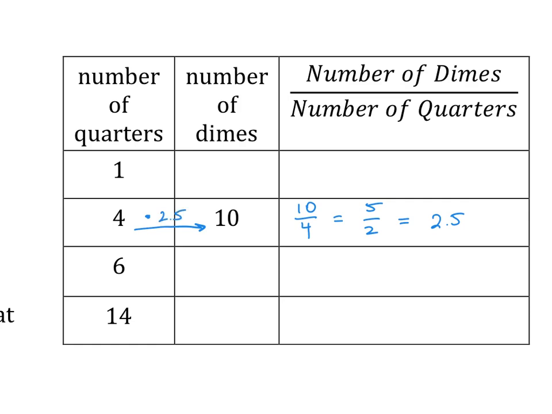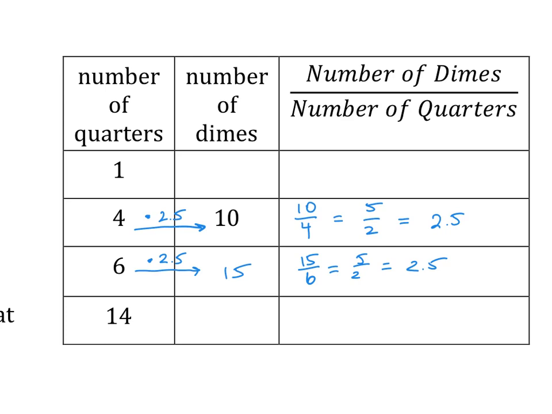Now to answer the first question, it wants to know how many dimes are equal to 6 quarters. So I'm going to use that same constant of proportionality and apply it to the next row. I'm going to take 6 and multiply by 2.5. So 6 times 2.5 is 15. If I set up that ratio, I have 15 over 6, and if I simplify by dividing by 3 over 3, I again end up with 5 over 2, which is equal to 2.5.